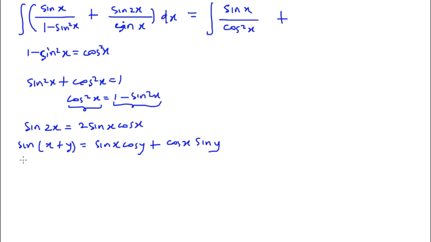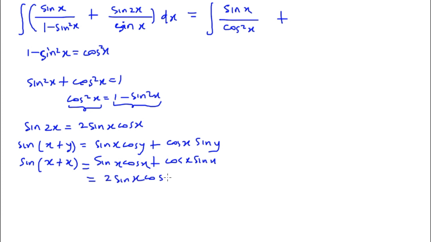But when we talk about double angle, we are talking about x and x. So that will be sine x cos x plus cos x sine x. They are now the same, so they add up to 2 sine x cos x. And of course this is the same thing as sine 2x, because x plus x is 2x.